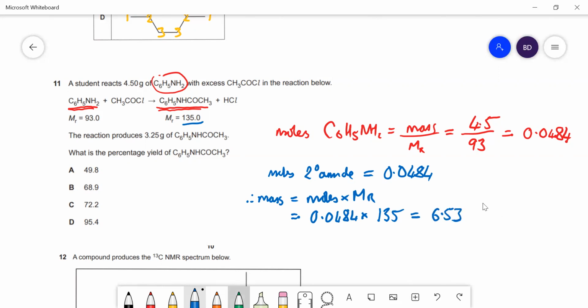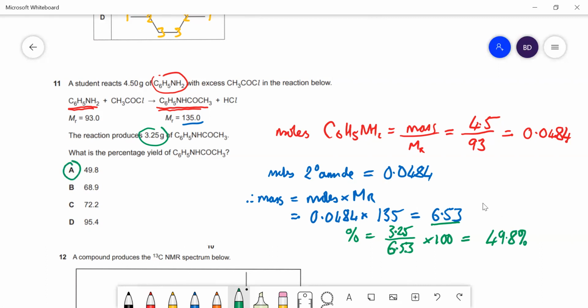So the percentage yield is going to be what we do get, which is 3.25, over what we expect, 6.53, multiplied by 100, which gives us 49.8%.